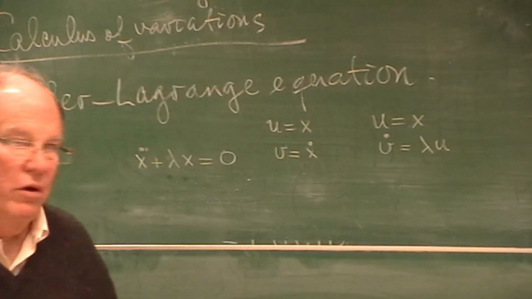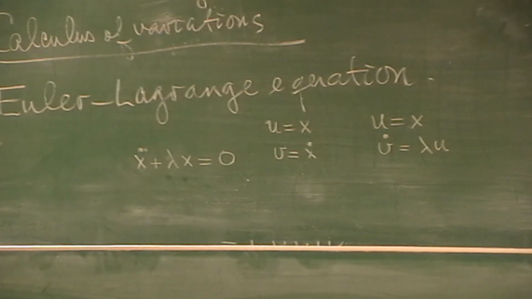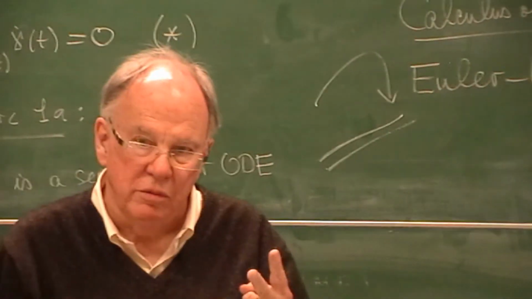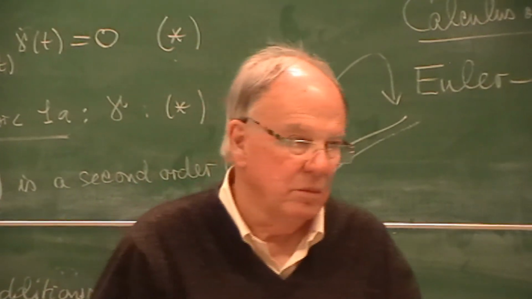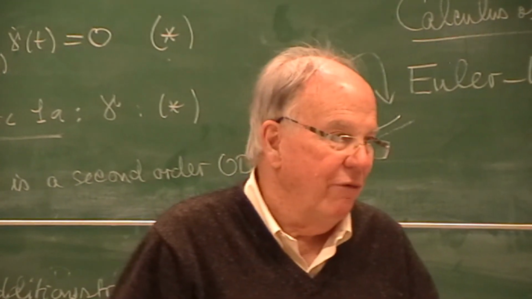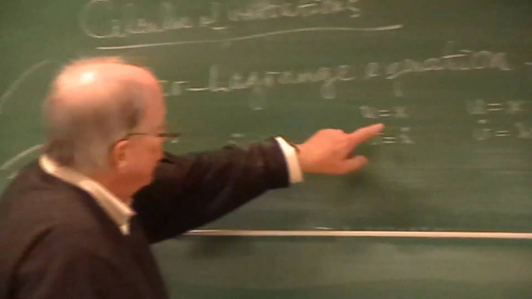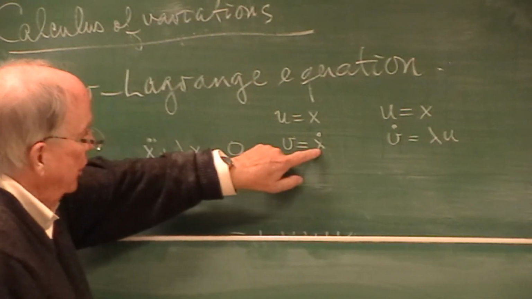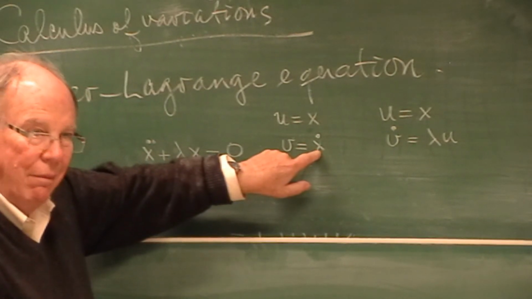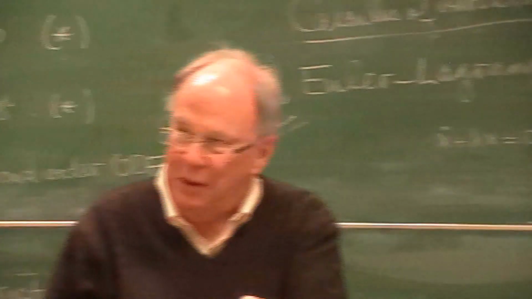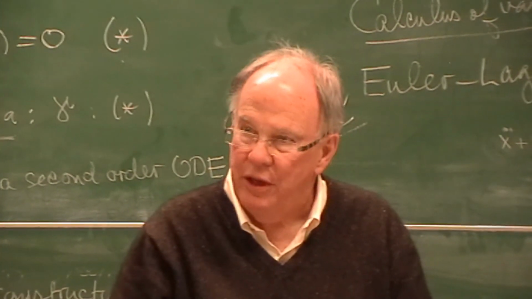So you never, ever want to solve directly a second order equation. You make the substitution so you get a first order system of equations, right? And in a first order system of equations, you have two variables, the location of the particle and its velocity. Guess what?